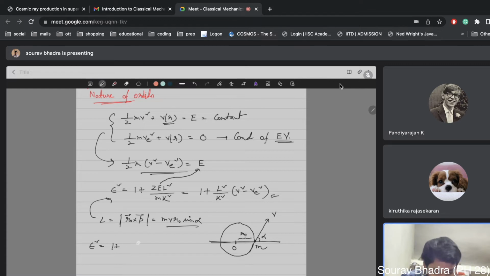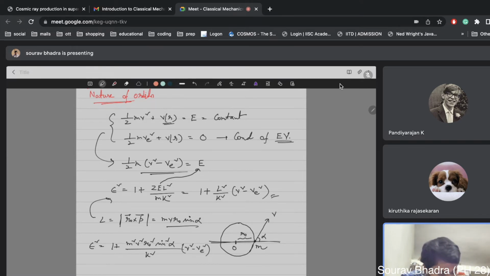This L we will substitute in the eccentricity. So L square was m square v square r0 square sine square alpha by k square, and there is v square minus v square.